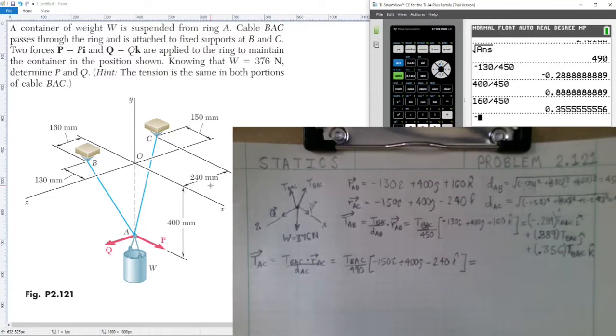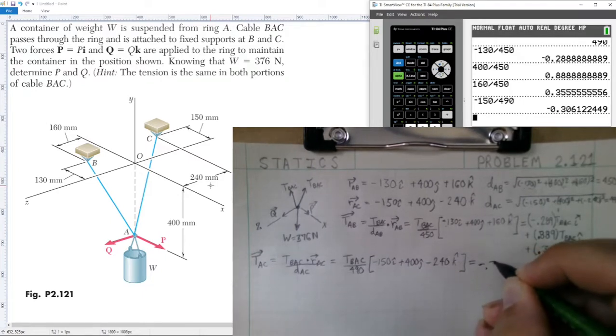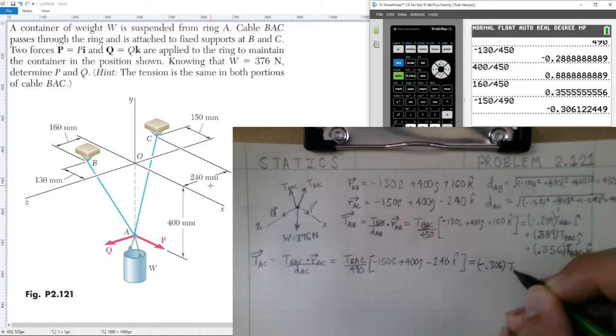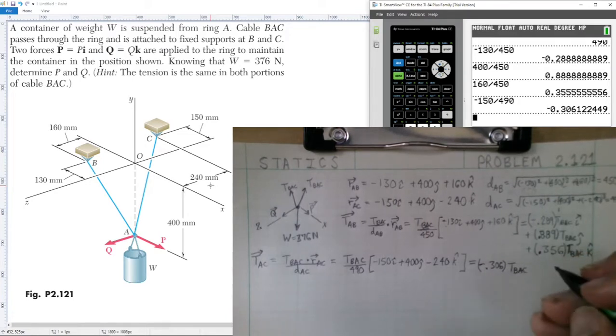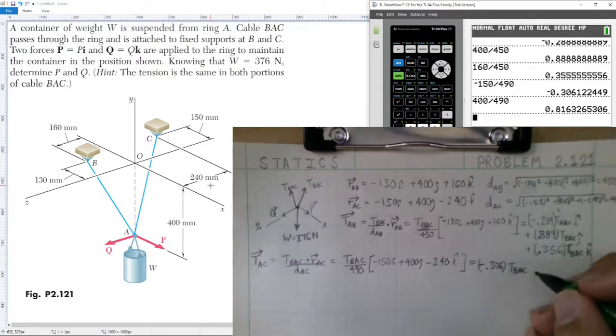So we have negative 150 divided by 490. We get a coefficient of negative 0.306, multiplied by tension BAC. Then we have 400 divided by our distance of 490, which is 0.816, so plus 0.816 in parentheses, tension BAC.